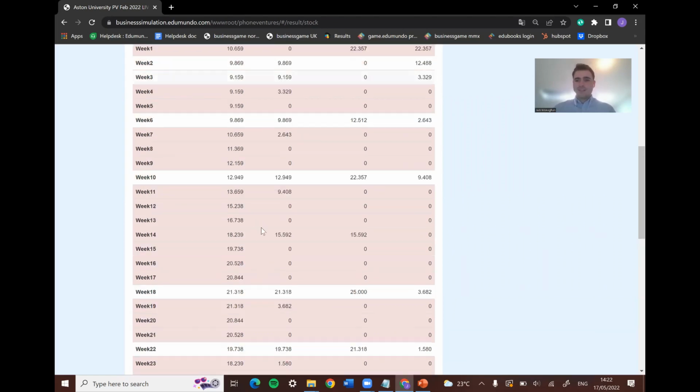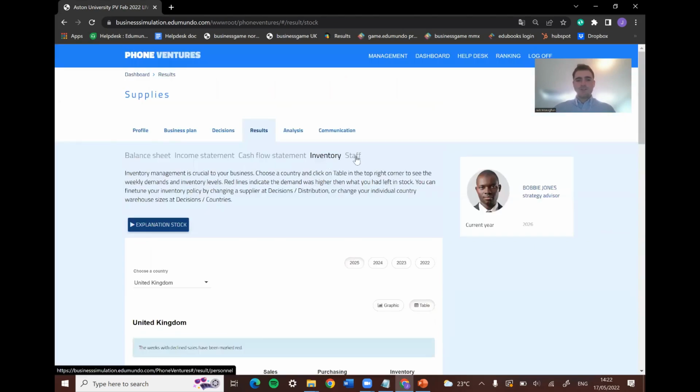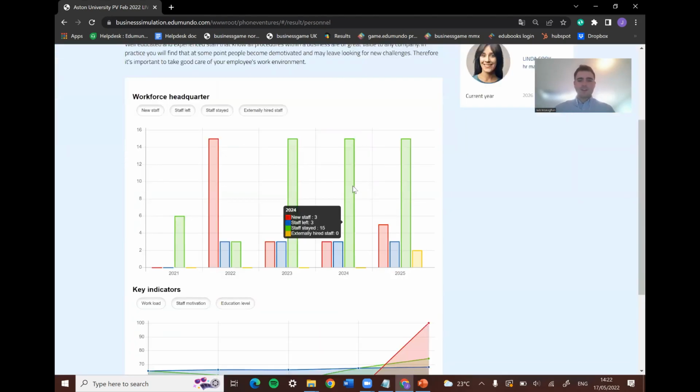But before I go into that, the last thing I will go over is the staff section before we tackle some of the issues. So staff, here we can take a look at the amount of staff hired, left, stayed, and the external staff that have been hired.